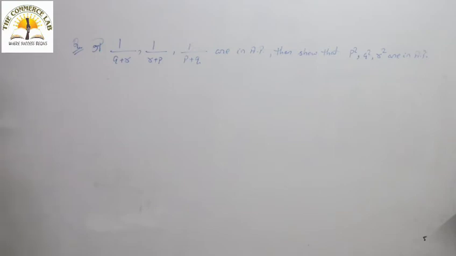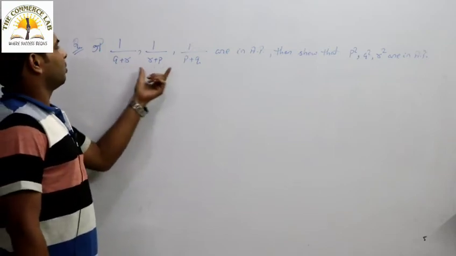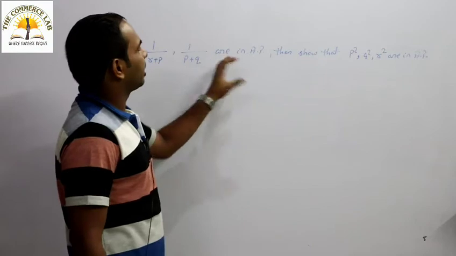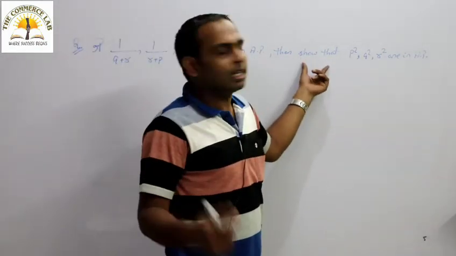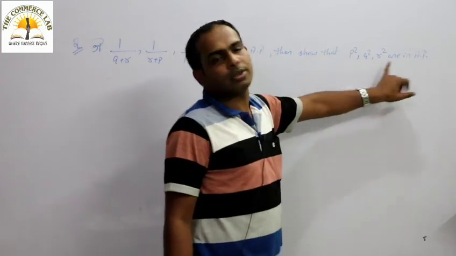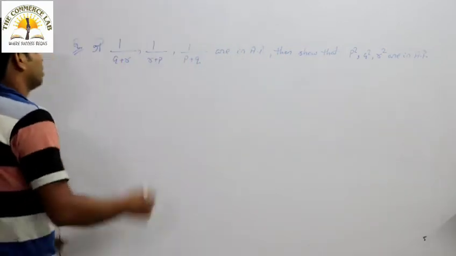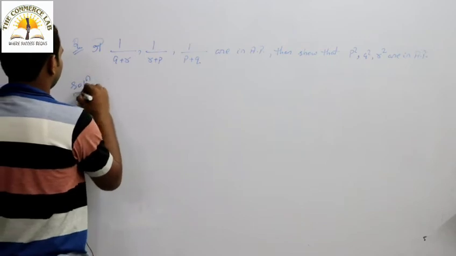So what is given now: 1 by q plus r, 1 by r plus p, 1 by p plus q are in AP. We have to prove that p square, q square, r square are in AP. So let's find out.